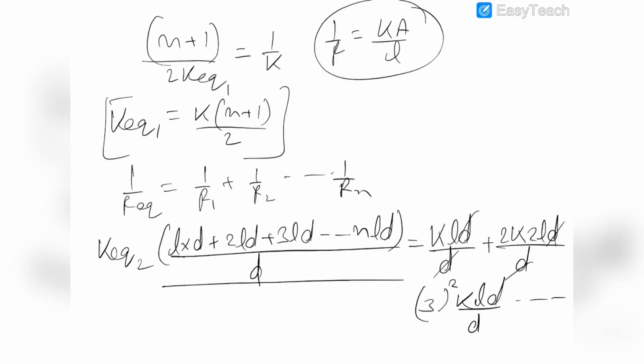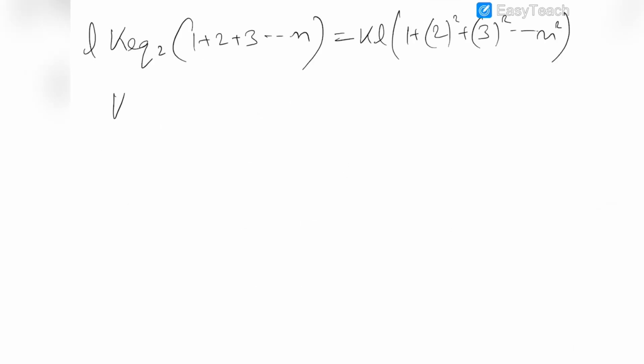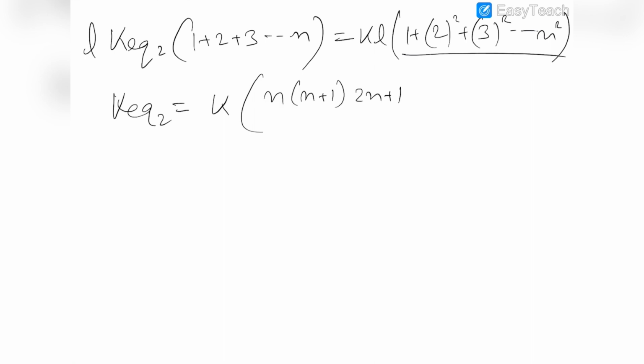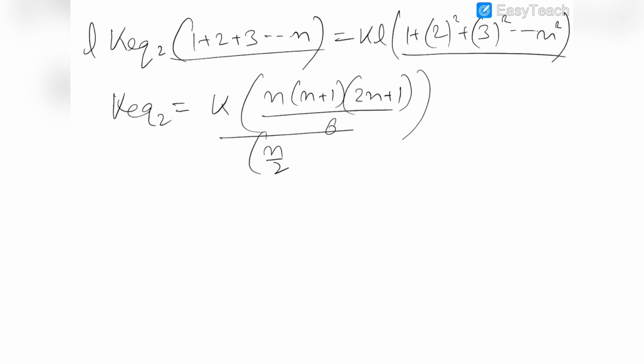Okay, so K equivalent 2 will be equal to K into, you know that this is a series 1 square plus 2 square plus 3 square and so on. The sum of this series will be n into n plus 1 into 2n plus 1 by 6, divided by sum of this AP. So AP sum will be n by 2 into 2 into 1 plus n minus 1 into D.